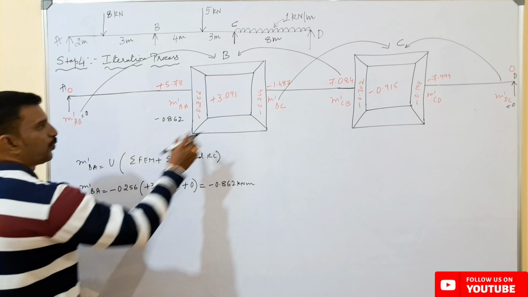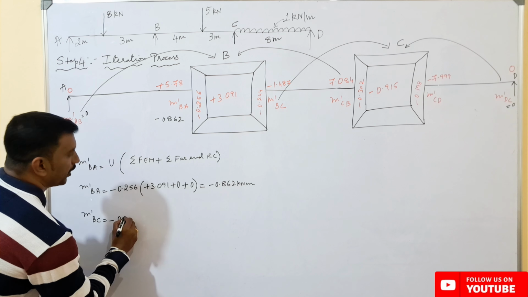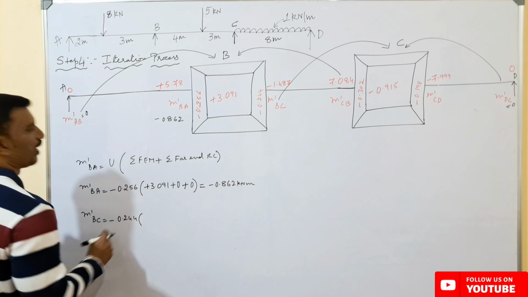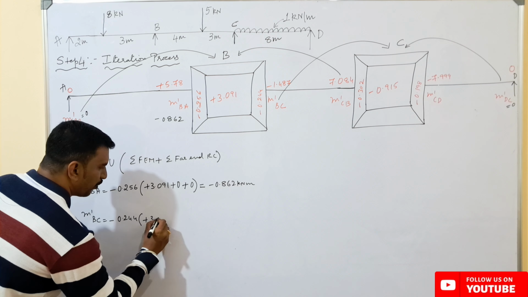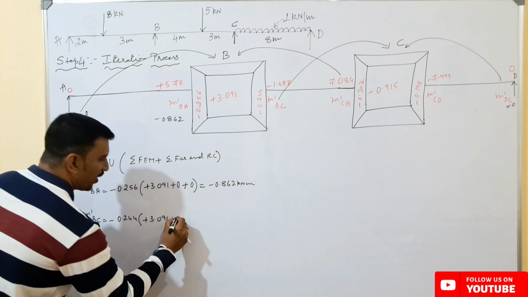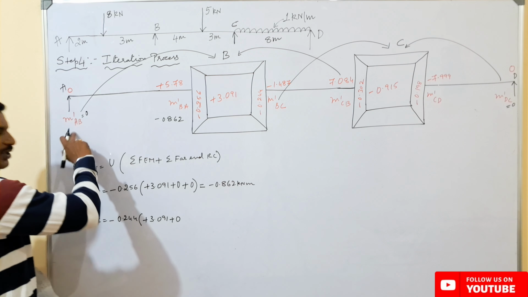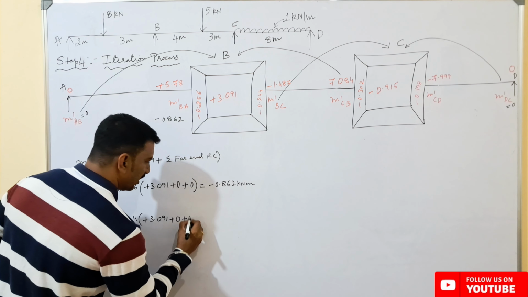So the value of U here is how much? Minus 0.244, and the other value remains same, that is plus 3.091, which is summation of fixed end moment, plus summation of far end rotation contribution here, how much? 0 plus the value of M dash CB here, this is 0.